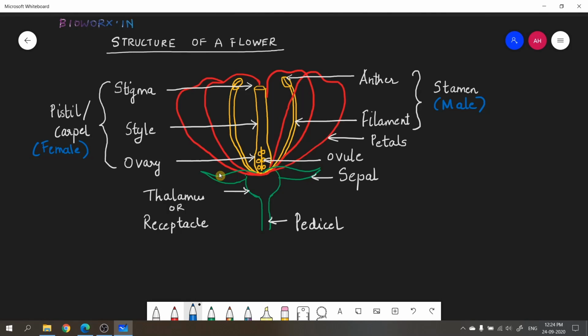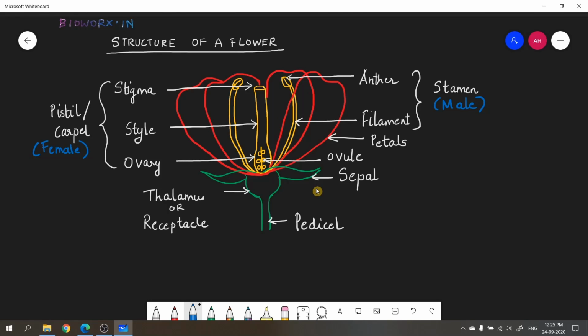And if you see the lower part of a flower here, these green color leaf-like structures are called sepals, and sepals can perform photosynthesis. As you all know, they are green in color, so they do contain chlorophyll, so they are able to perform photosynthesis. Apart from that, sepals are also protective in nature when the flower is in a bud condition, right?